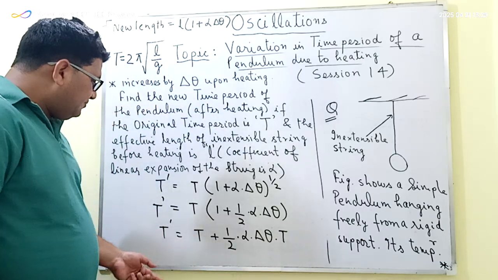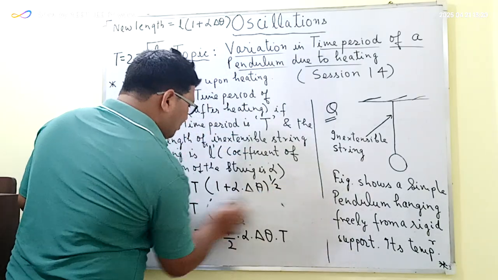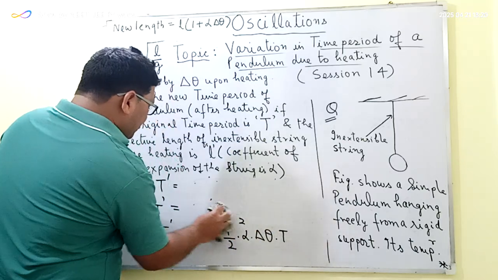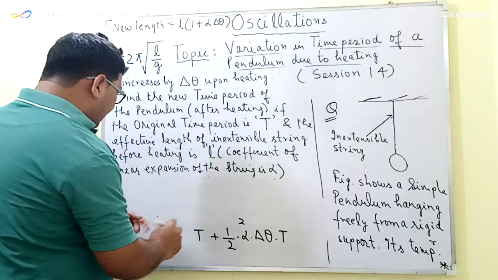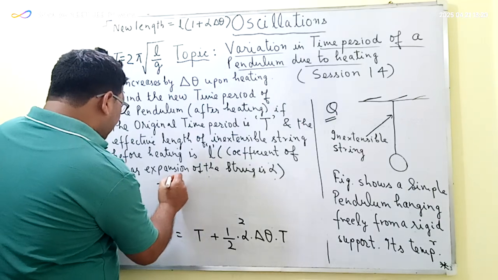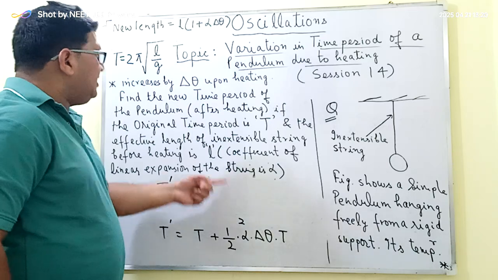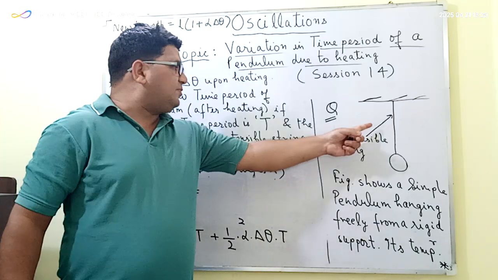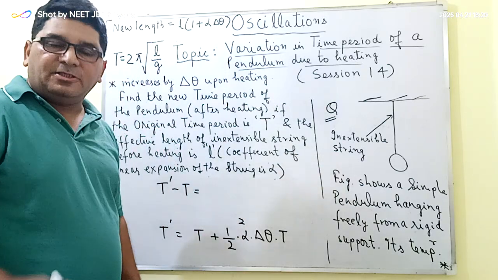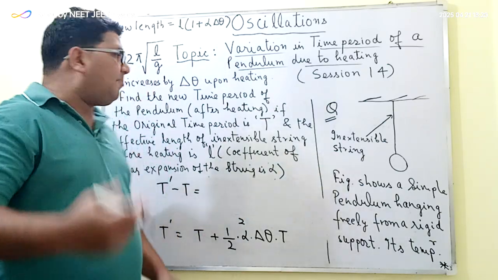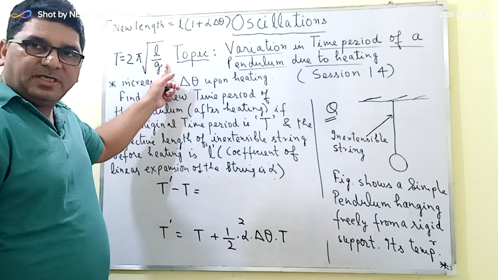So this is the new time period, and the change in the time period can also be calculated from here. The change in the time period will be equal to T dash minus T. Since the length of this inextensible string is increasing upon heating, the new time period will be more in comparison to the original time period.